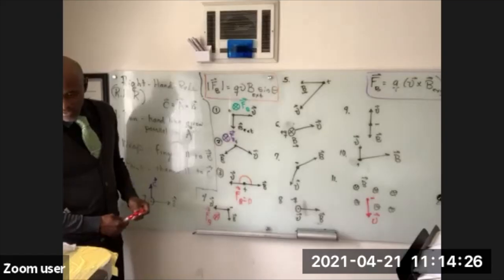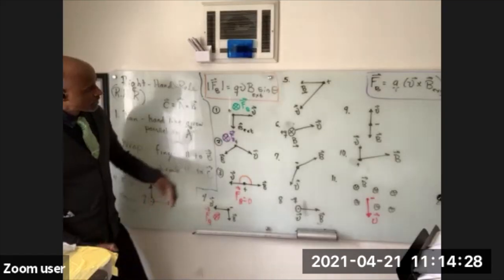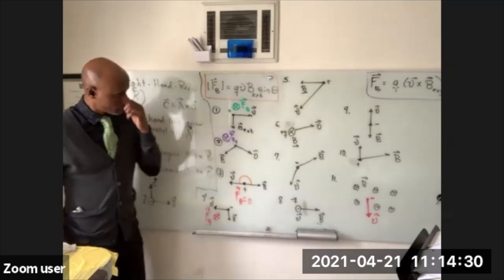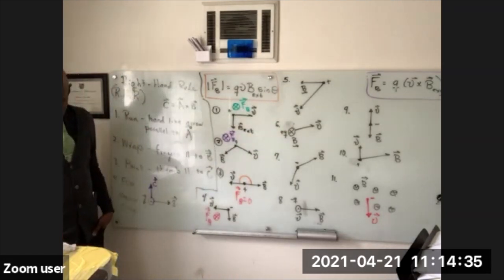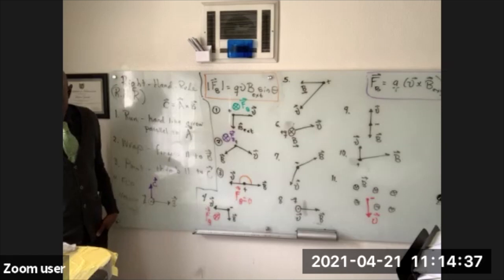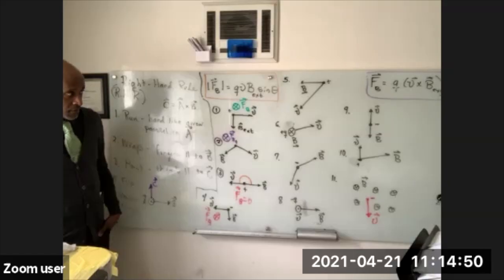All right, Dami, why don't you take number 5? Dami, you there? Yeah. Okay, go for it. Would it be out of the board? Explain.